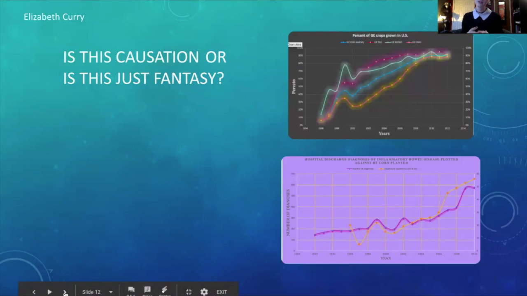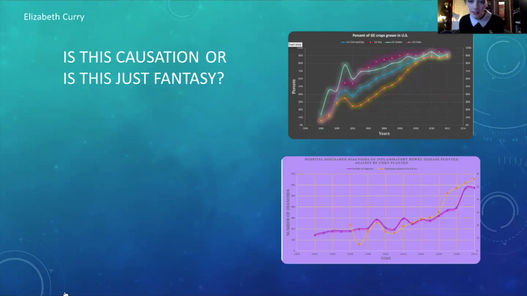Is this causation or is this just fantasy? Well, let's find out. Causation is when one variable influences another. The value of the data, whether the fluctuation increases or decreases, is a result of the other. The FDA claims that no harm can come from foods that have GMOs, but if we look at the data, the body is built to reject foreign objects.